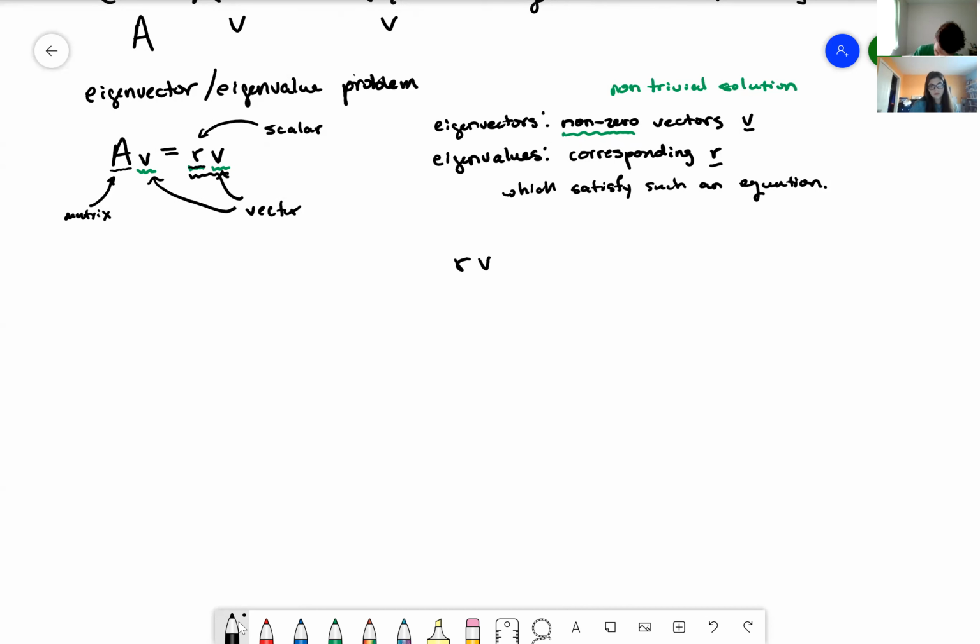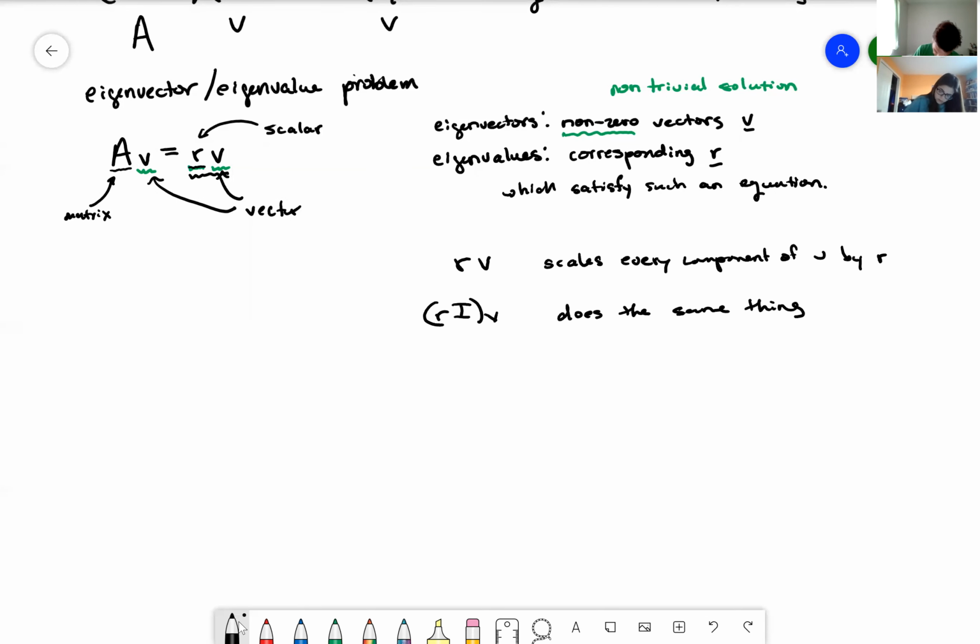So R times V scales every component of V by R. I want a matrix that does the same thing. And the matrix that does that is going to be a diagonal matrix where every entry is just R. So that will actually just be R times I. It's a matrix R times I. V does the same thing.